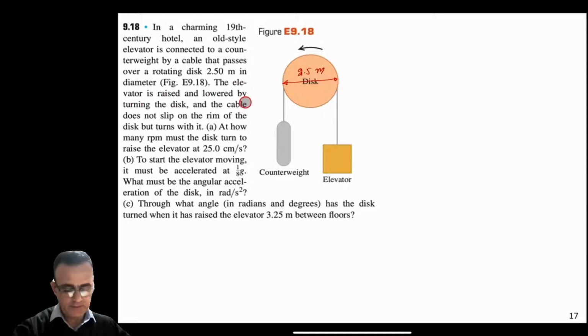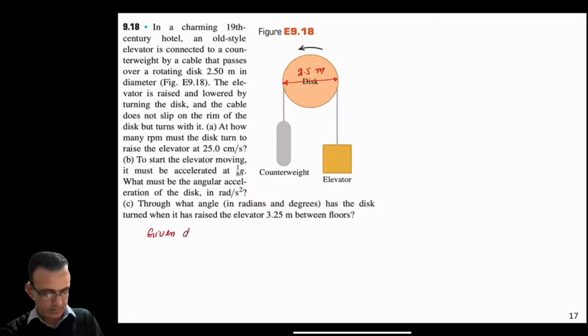The elevator is raised and lowered by turning the disc, and the cable does not slip on the rim of the disc but turns with it. At how many RPM must the disc turn to raise the elevator at 25 centimeter per second?